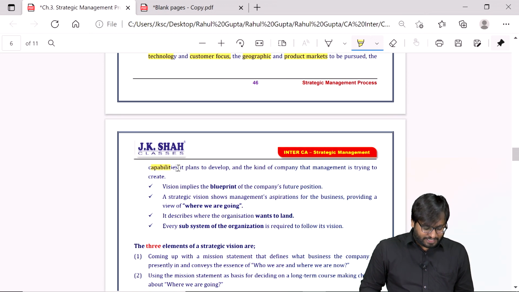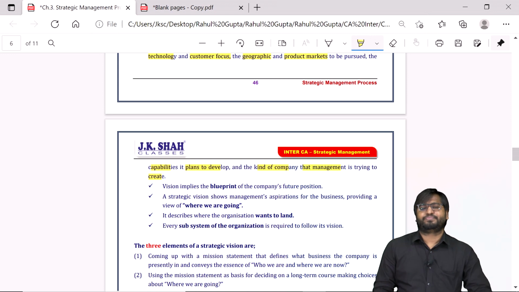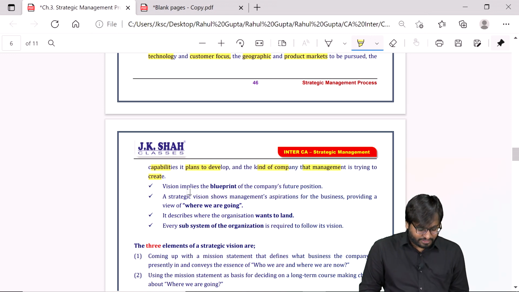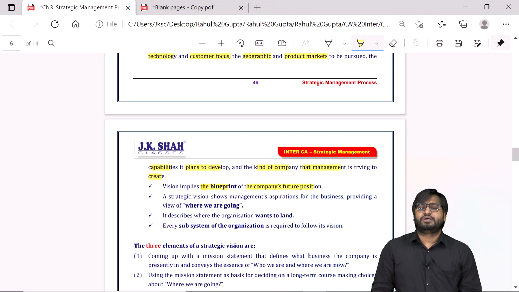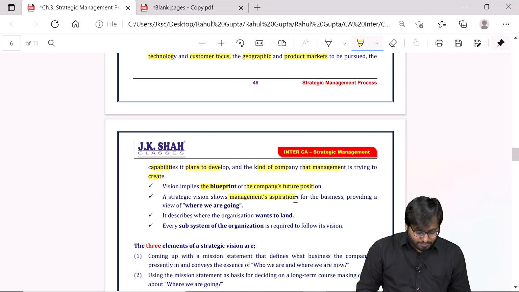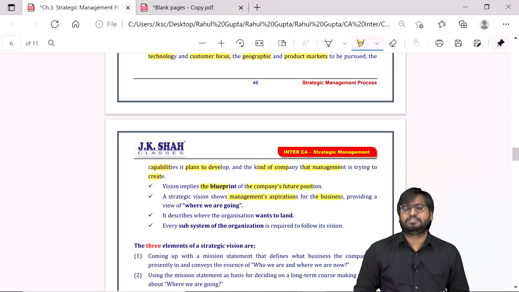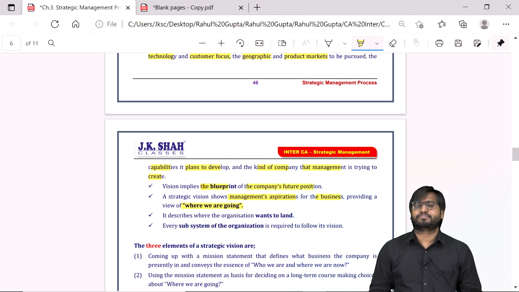The capabilities it plans to develop and the kind of company that management is trying to create. If you observe, vision implies a blueprint of the company's future position. A strategic vision shows management's aspiration for the business, providing a view of where we are going.